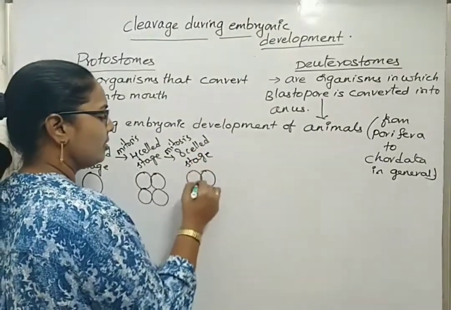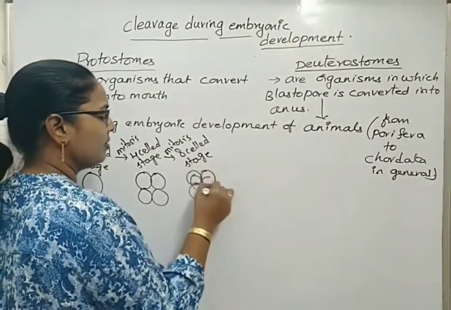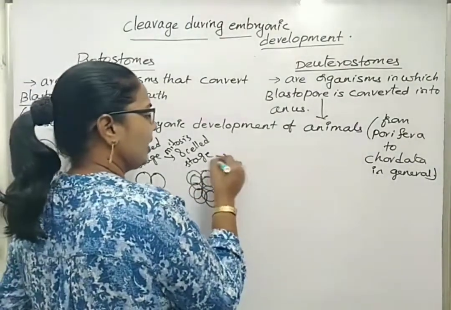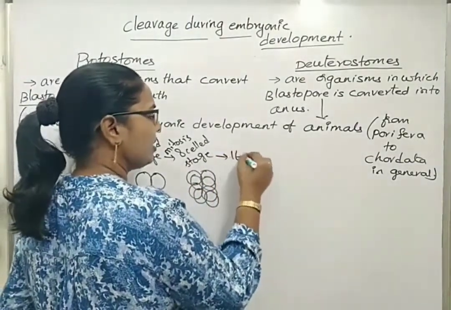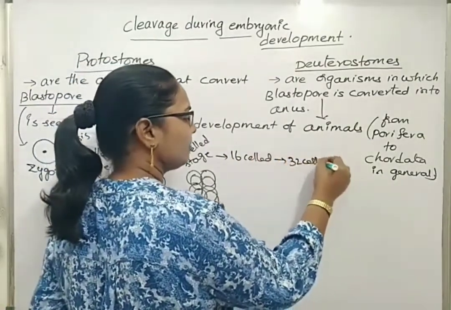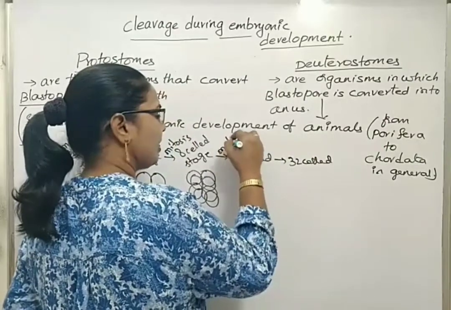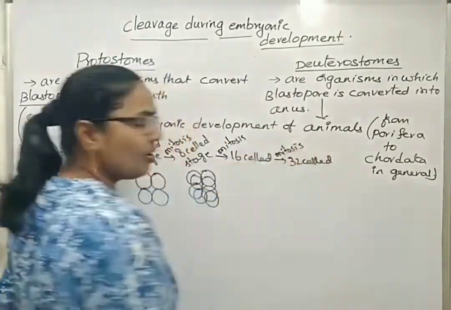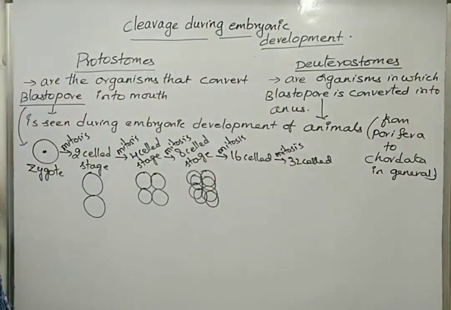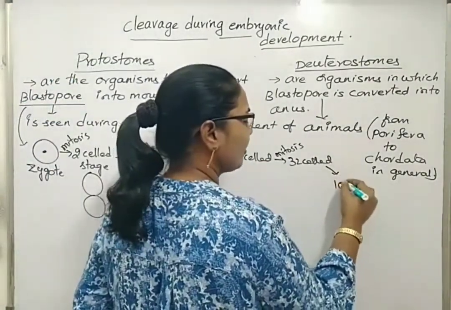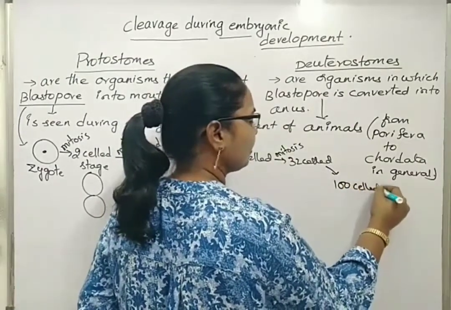So here we see 1, 2, 3, 4, 5, 6, 7, 8. Again it is converted into 16-cell, later into 32-cell. In every stage we see mitosis, or we can also use the term cleavage. Later there will be 100 number of cells, etc.